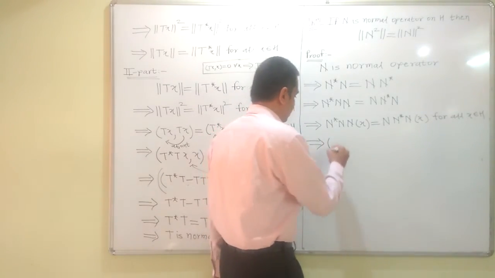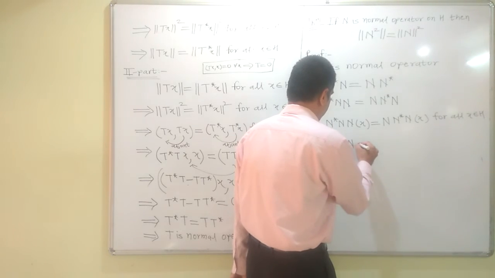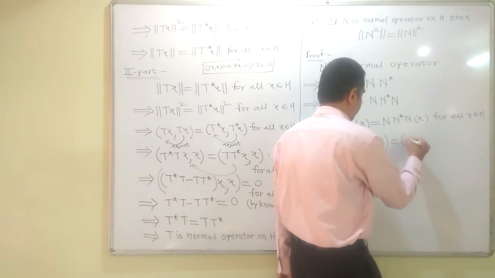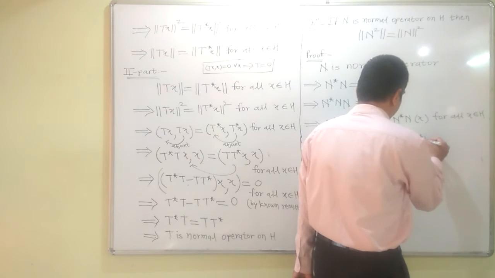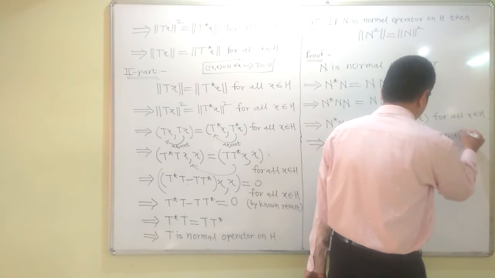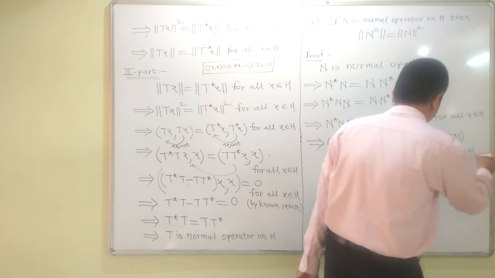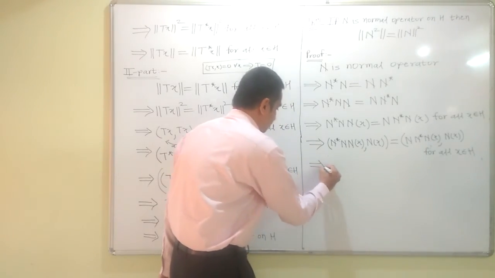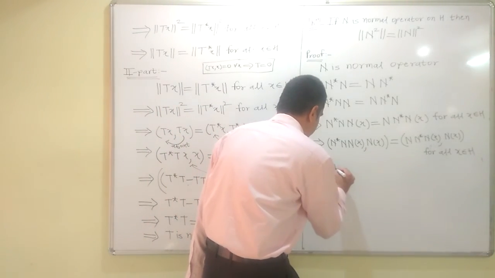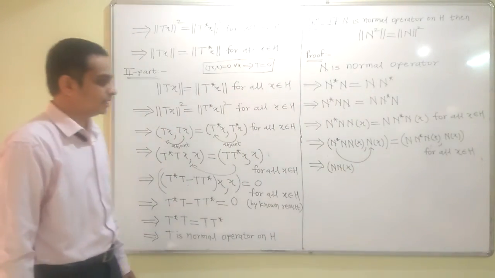So what we are going to have is ⟨N*N(Nx), Nx⟩ is equal to ⟨N*N(N*x), Nx⟩ for all x belongs to H. Now we are using properties of adjoint, so I am shifting this N* from the first coordinate to the second.